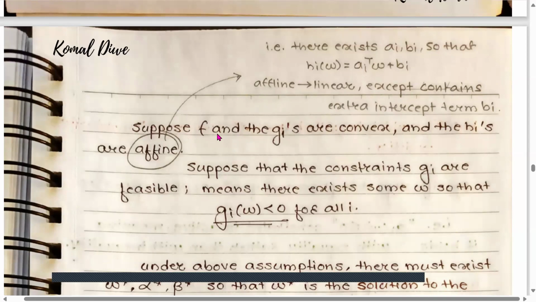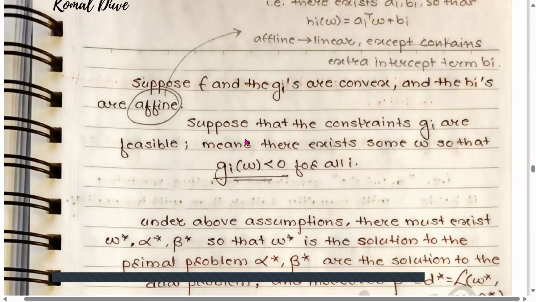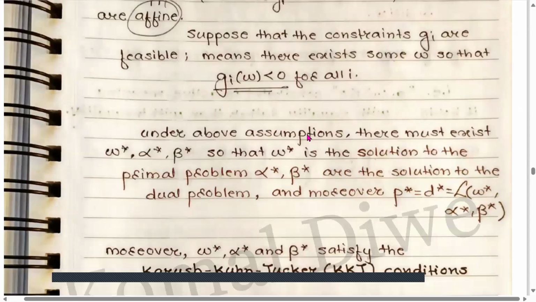Suppose f and the gi are convex, and suppose that the constraints gi are feasible, meaning there exists some w so that this holds.